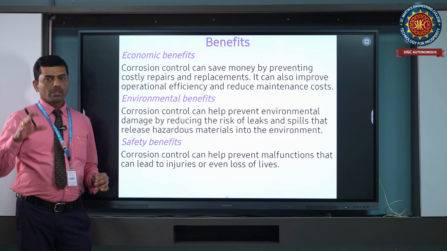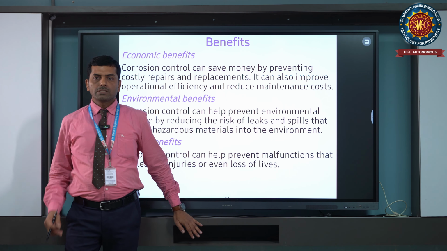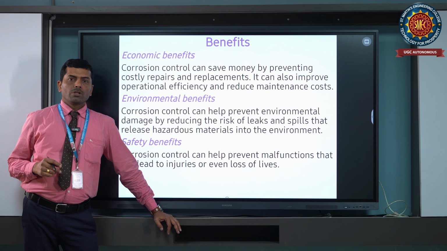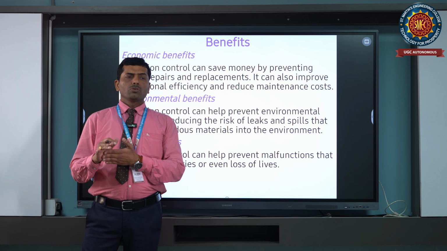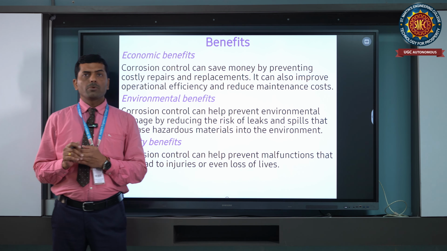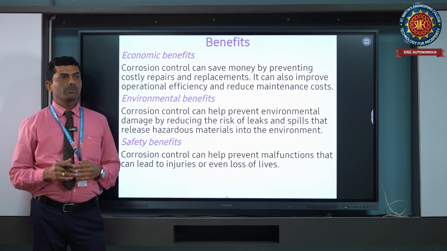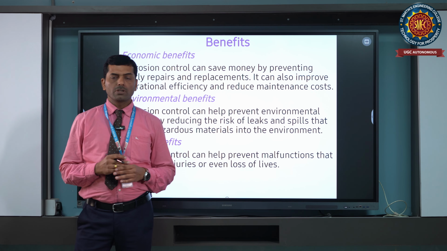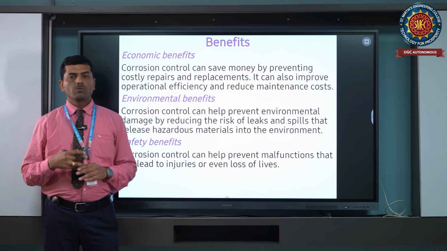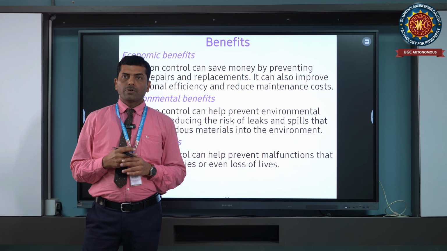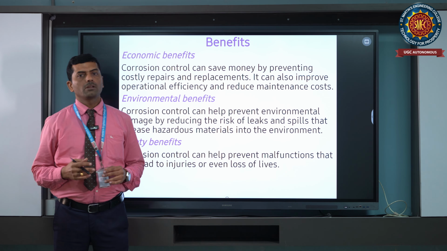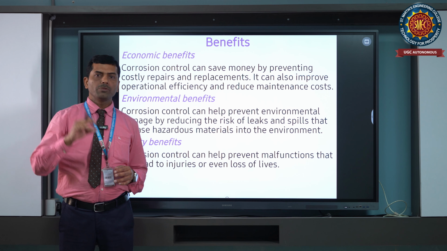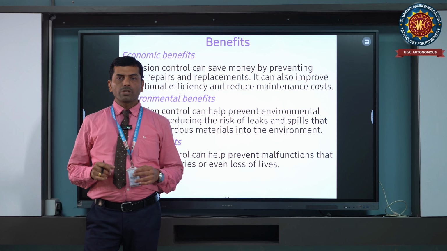To protect the different types of materials, based on the nature of the metal and the nature of the corroding environment, this discussion was elaborately covered, starting from the definition, then the different causes of corrosion, and the factors that increase the rate of corrosion based on the nature of the metal and the corroding environment.